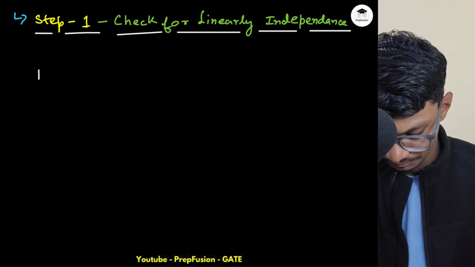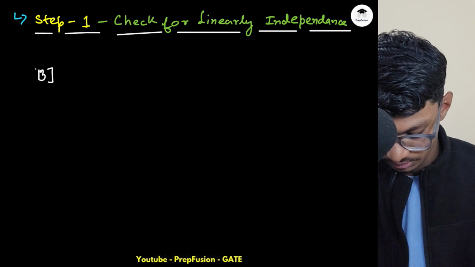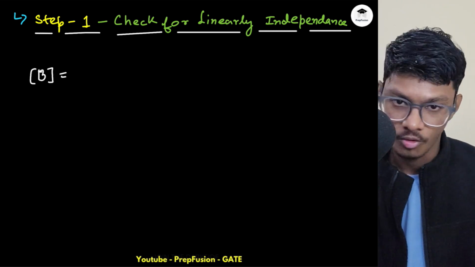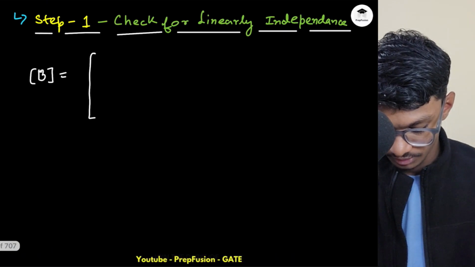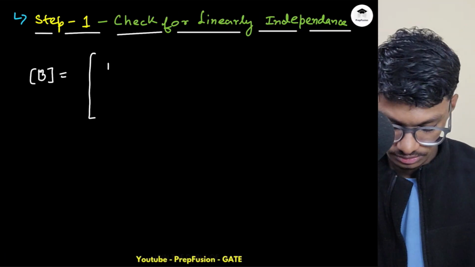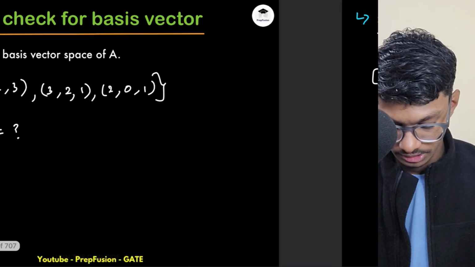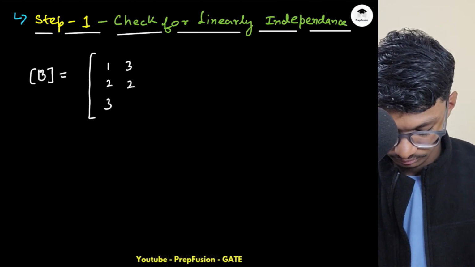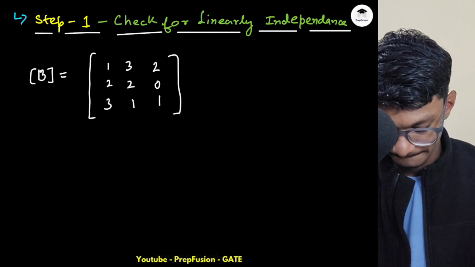So here I have B, and I will form the matrix. Basically the matrix is 1 2 3. I'm writing in column format itself, 3 2 1, then 2 0 1.